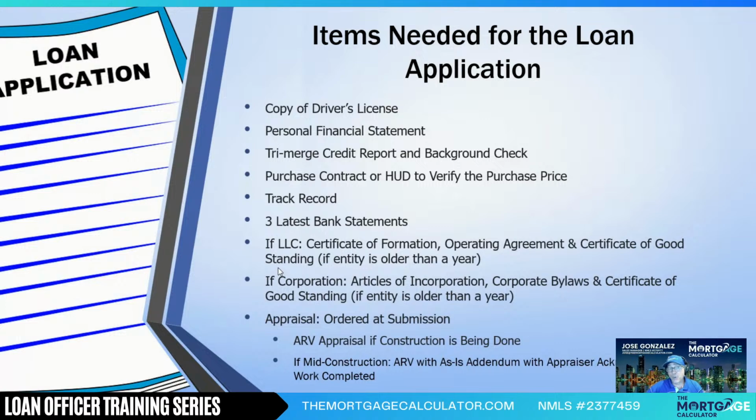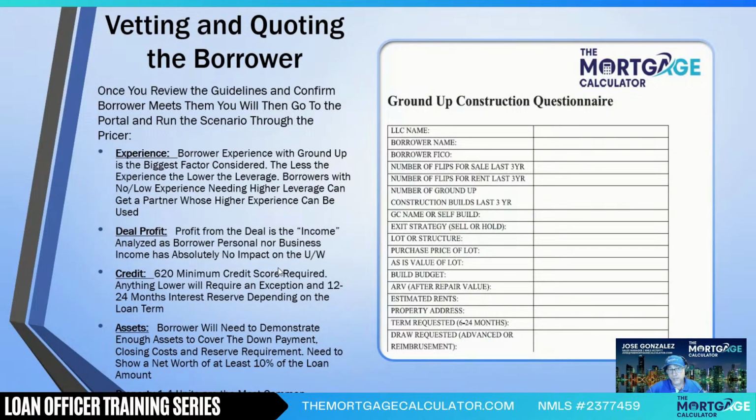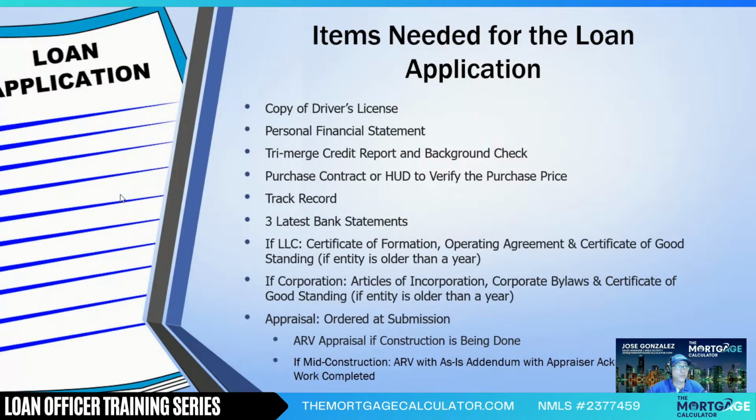In this particular program, we can't do commercial or multifamily, but we do have other ground-up construction loan programs with different guidelines for those. Last, I shared with you the items needed for the loan application.